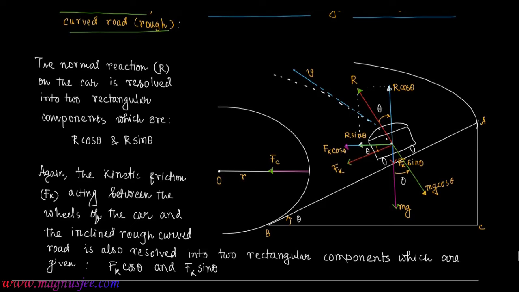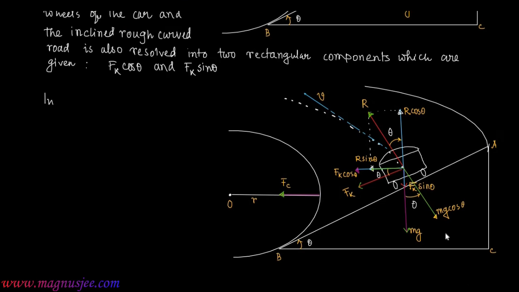Now there are three forces which are acting in the vertical direction: Mg, Fk sin theta and R cos theta. That's why in equilibrium, if we consider the forces acting in the vertical direction, then Mg will be equal to the net force acting in the opposite direction.